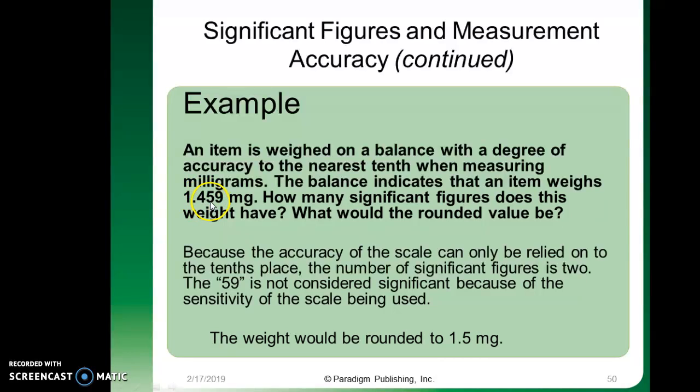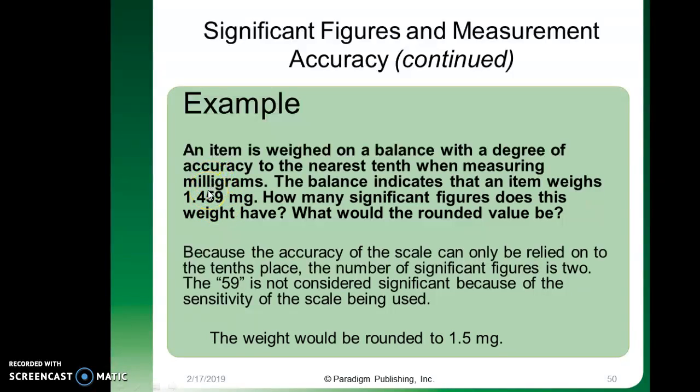Looking at the value after the 4, it's 5. 5 or greater, that means we have to round that 4 up to 5. So our actual value is 1.5 milligrams. That's how much our medication would be considered to be weighing, because again, the scale is only accurate to the 10th place. Anything after would not be considered significant.